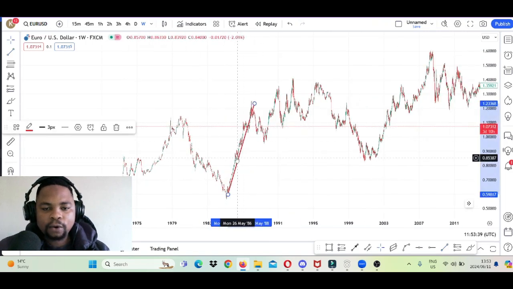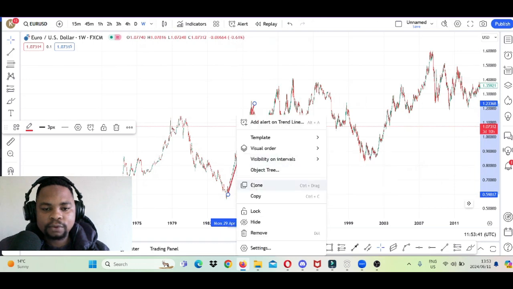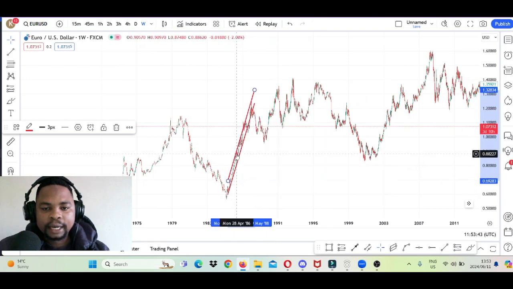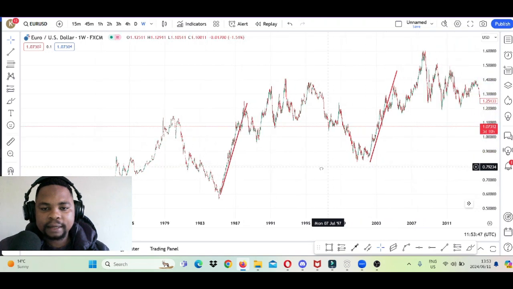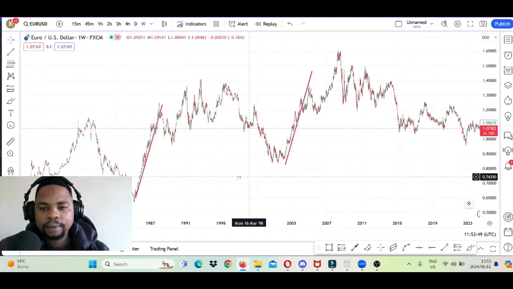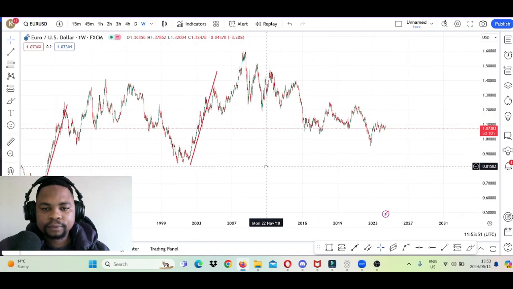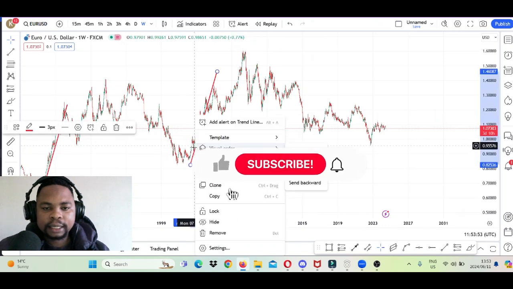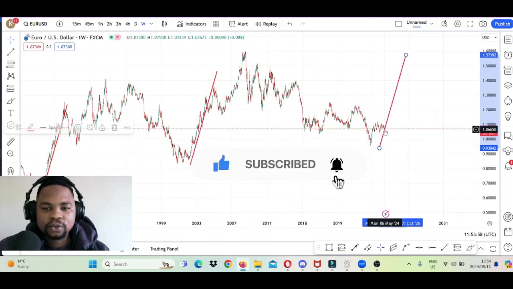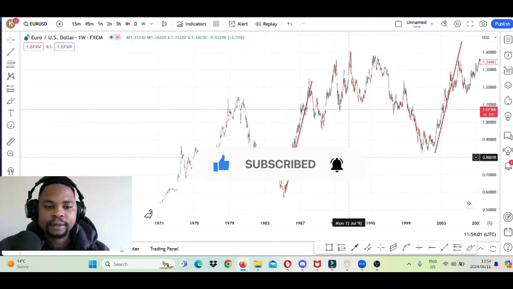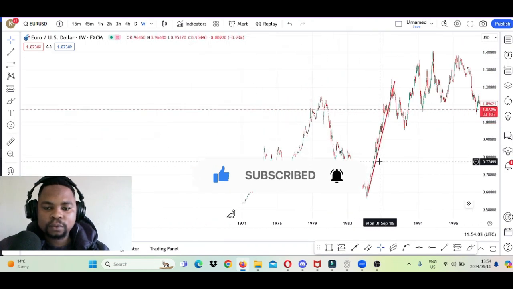And then I copy that impulse move, I clone it, and then I draw it here again. It's another impulsive move. I copy it, I clone it again, and then I'm expecting the very same to also take place there. So it also took place somewhere here.